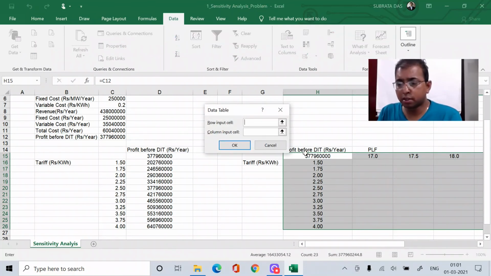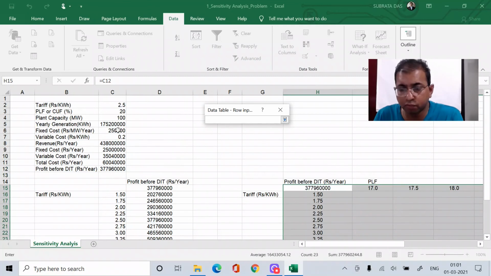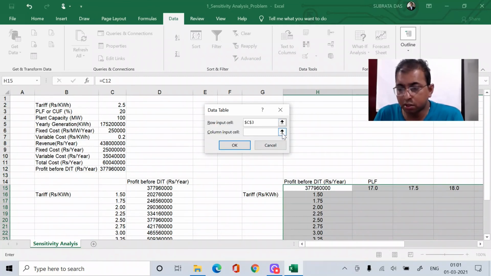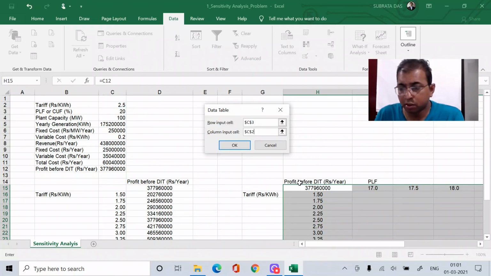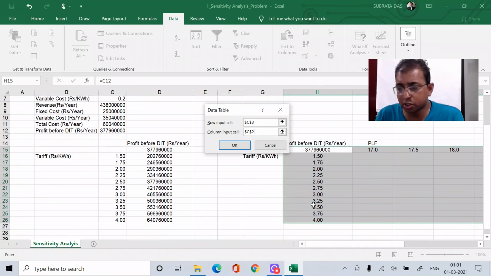Now here both row and column side variables are getting changed. Row side is PLF, so I will connect it with PLF, and column side is tariff, so I'll connect it with tariff. So C3, both these two factors are getting changed.